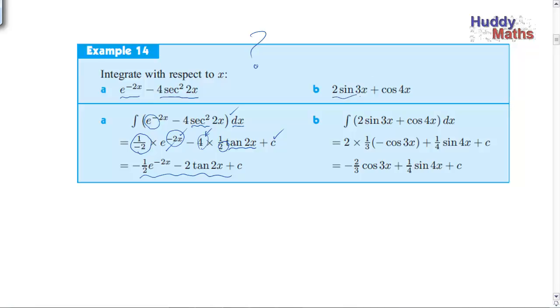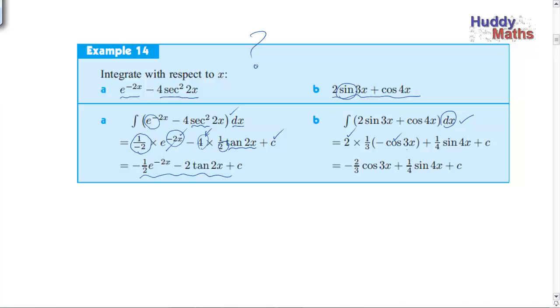What about this creature over here? Same thing. Set it up nicely with the integral sign and naming the variable with respect to x. So the 2 stays out the front. When differentiated gives sine, it's neg cos, because the derivative of cos is neg sine.